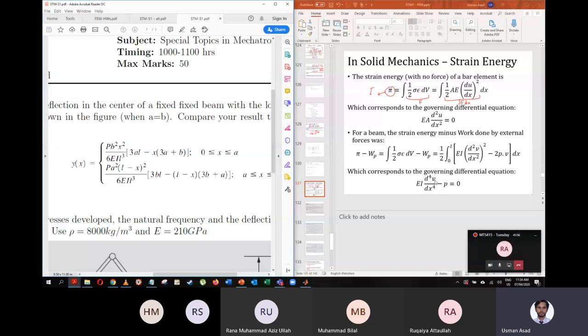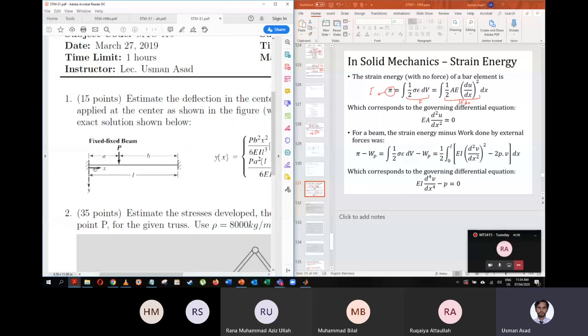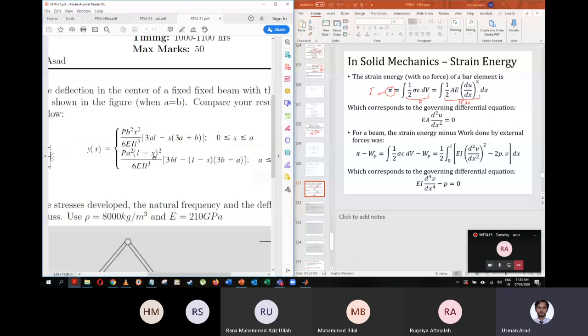For example, in fixed beams you get this information like so: one boundary condition is that the value of y, which in our terminology is v, so v and y are practically the same thing, v of x equals 0, v dash of x equals 0, v of l equals 0, and v dash at l equals 0. That is, this is fixed and its angle is also fixed at both this side and that side. So those are your 4 boundary conditions. You integrate this 4 times, use those boundary conditions, and we can find these analytical expressions. But once again, that is not the subject of this course.